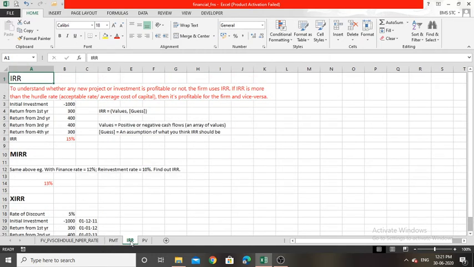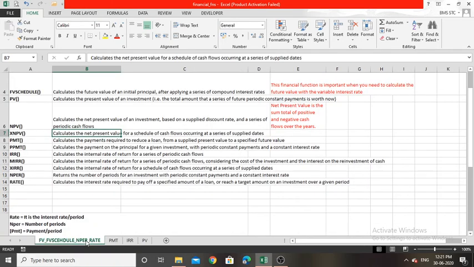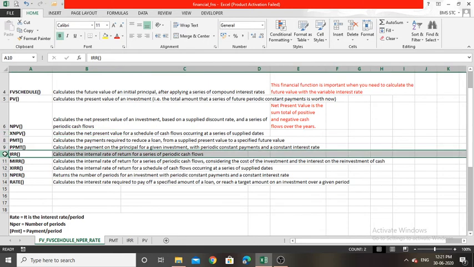The last section of financial functions is interest rate of return. So IRR. Under IRR there are 3 functions. Let us look at this data also. IRR calculates the internal rate of return for a series of periodic cash flows.